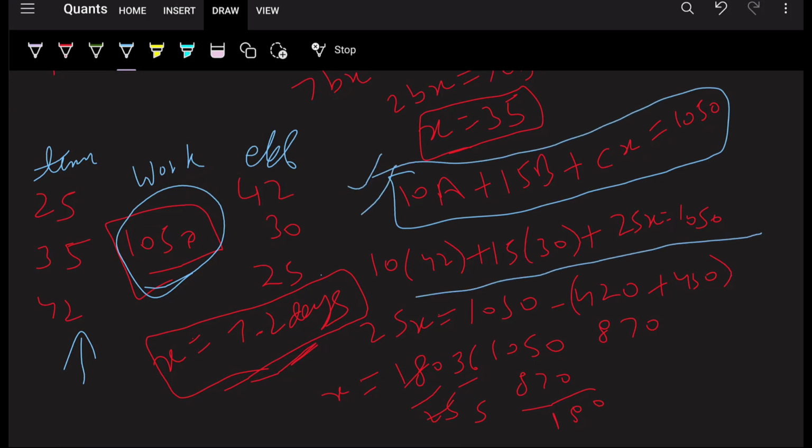And by solving this, we got x equals 7.2 days, and it is our answer. I hope you guys understood this question. I am again repeating that do this question very well. This is very important for all the exams like CAT, SAT, CMAT, and for your placements also.